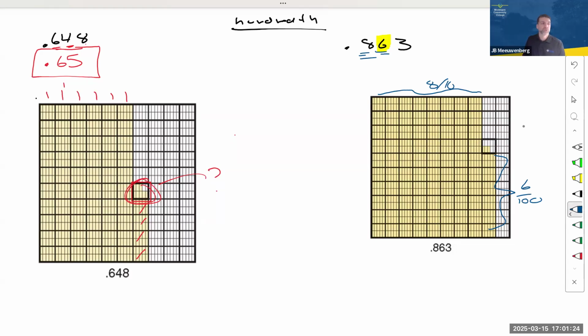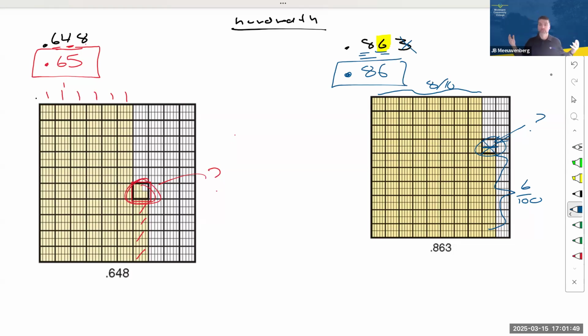We're just asking the question, are we going to include that block or not? Only 3 of the 10 sections are filled in. It is not halfway there. So we're not going to count that last block. We're not going to count that last hundredth. So we're going to round down and leave it at 0.86, 86 hundredths.